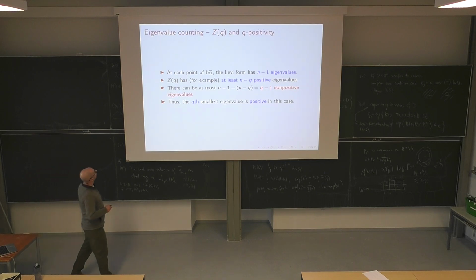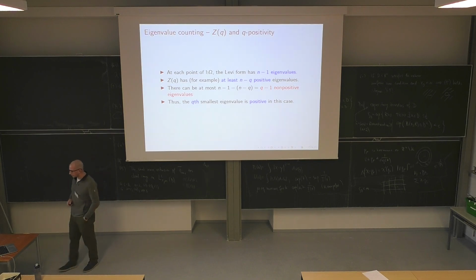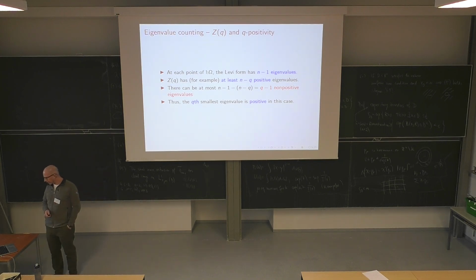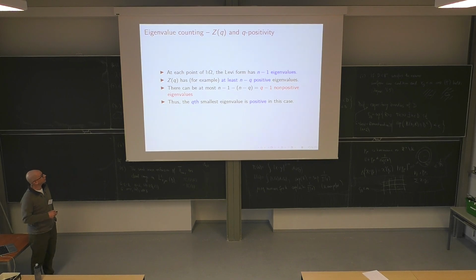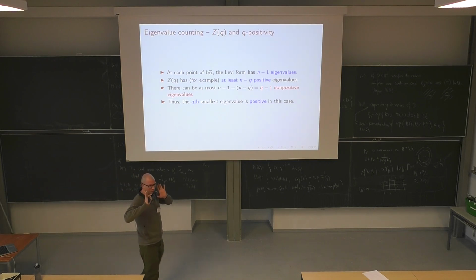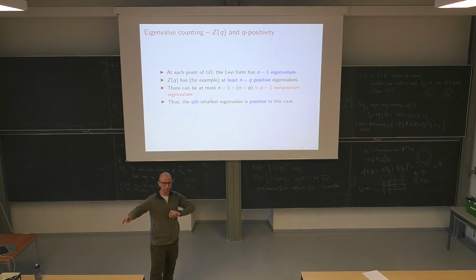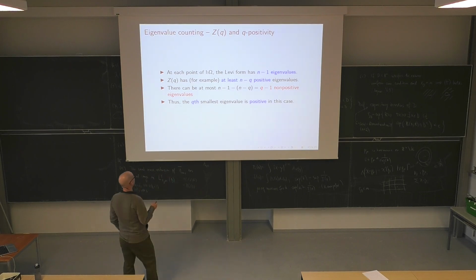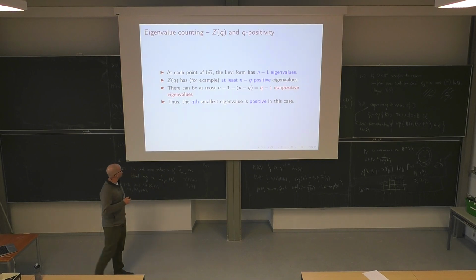So I want to talk about ZQ and Q positivity. At each point of the boundary, of course, the Levi form has, I just want to give you some counting things, just so you understand, because I'm going to be going back and forth between Q positive and N minus Q. So at each point, the Levi form has N minus 1 eigenvalues.